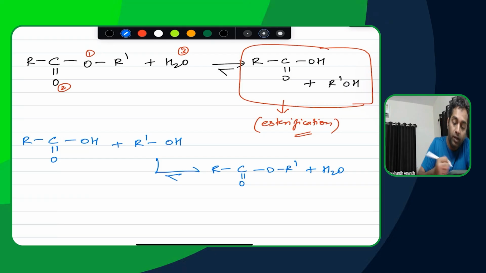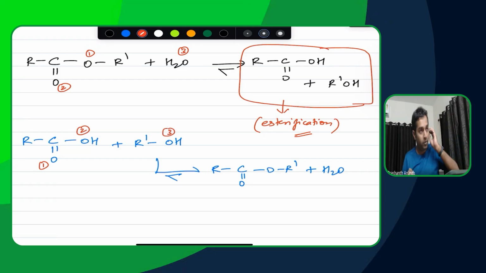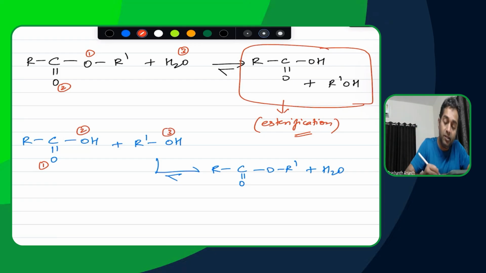Now let us mark each of these here. Let's call this oxygen number 1, this oxygen 2, and this oxygen 3. What is going to happen is, depending on the R group and the R dash, you will have different possible mechanisms being applicable in the esterification itself.